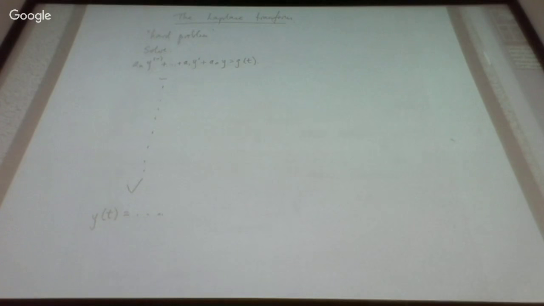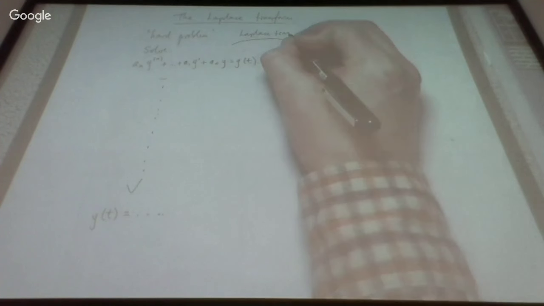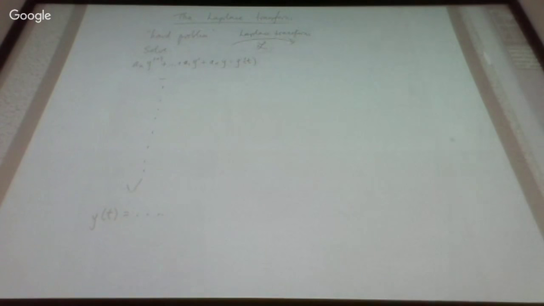Okay? So instead, we have this transformation, which is the Laplace transform. And it's represented with this curly L, like a script handwriting, calligraphic L. That's how we normally denote it, just to make it stand out from any other function, something like that.